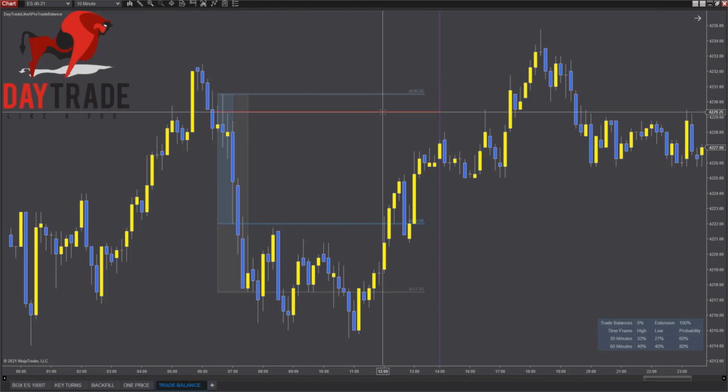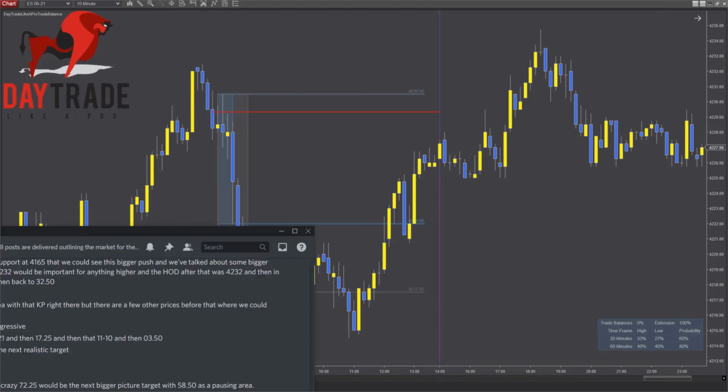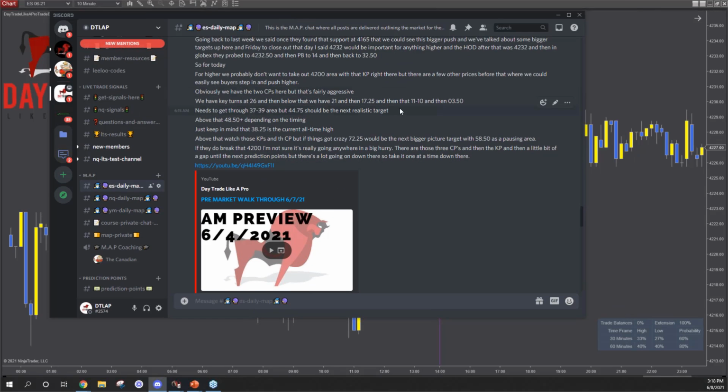And then look right here. So we had 29 quarter, and I just want to show you a couple of things here, and we'll wrap up. Right here, 17 quarter, this is from MAP yesterday. So you see that 17 quarter right there.